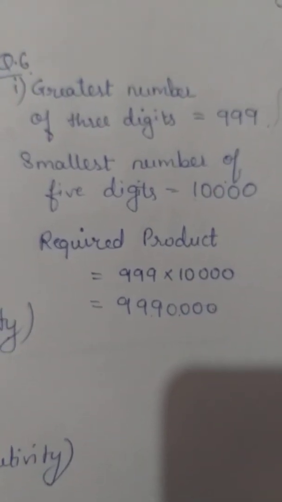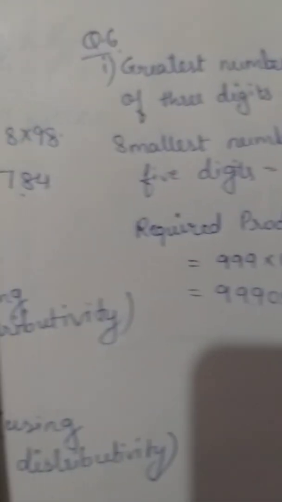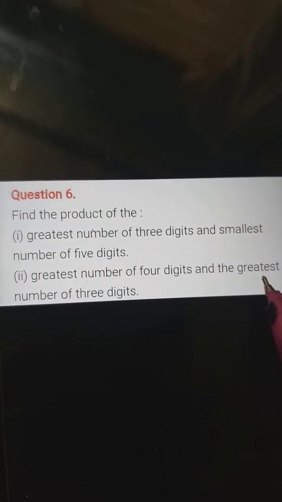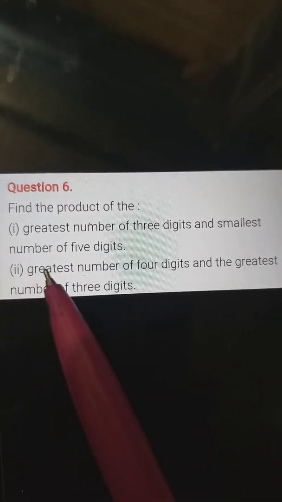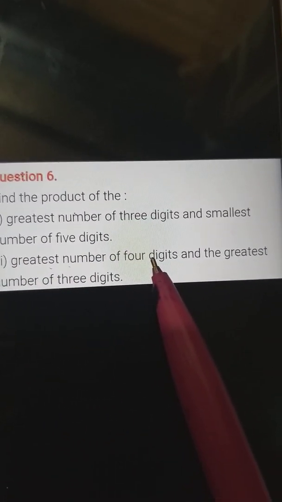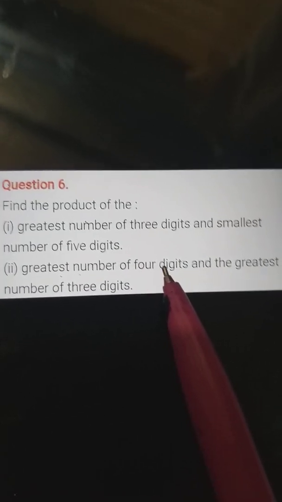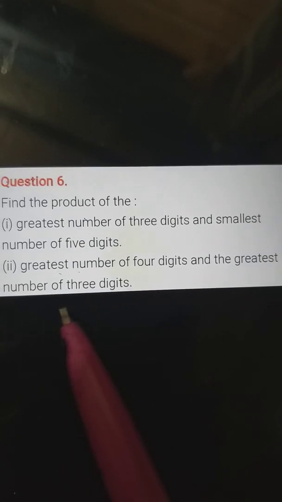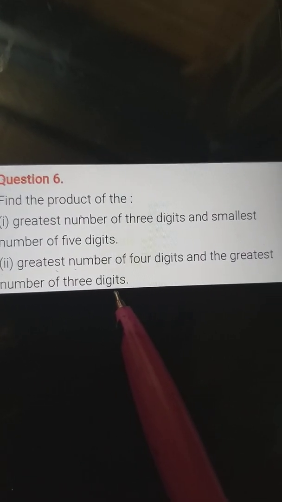This is how you have to do it. Similarly the next question, but here in both cases you have to find the greatest number rather than the smallest number. The greatest number of 4 digits will be 9,999, and the greatest number of 3 digits is 999.